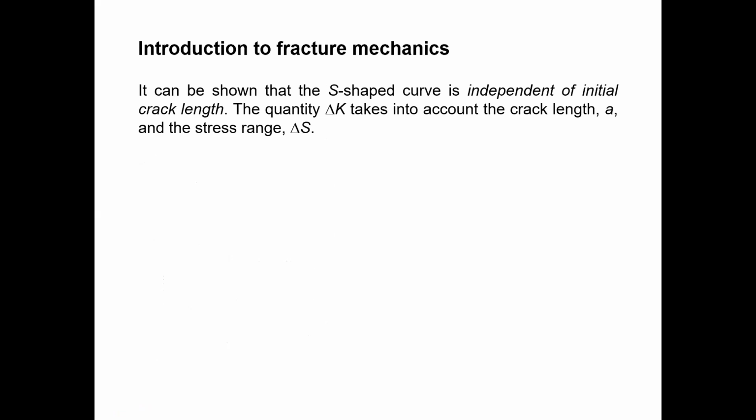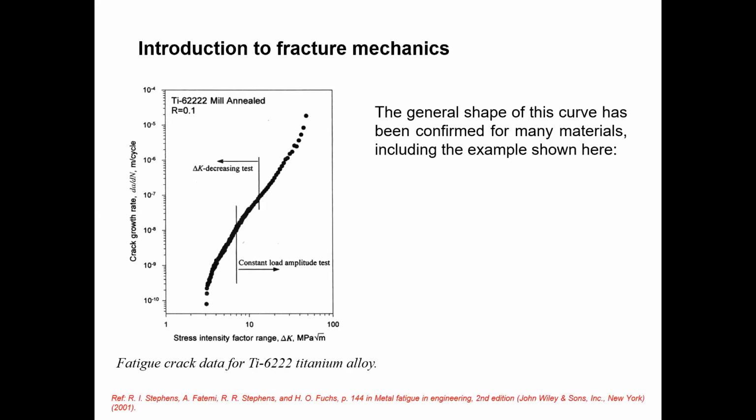As I told you, it has an S-shaped curve independent of initial crack length. The quantity delta K takes into account the crack length and the stress range. So initial crack length we will not account for here. Even though initial crack length is much higher, it will happen. But if the crack length is lower than this point, we don't need to worry about that.